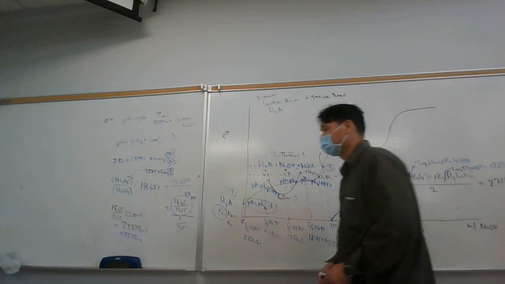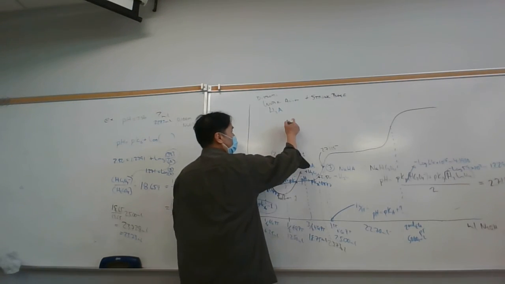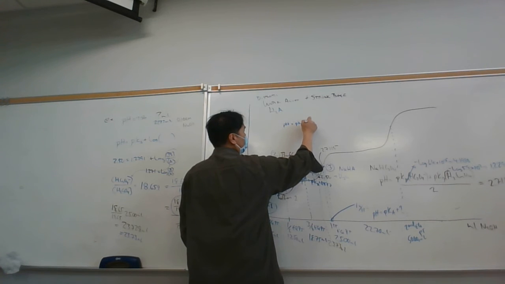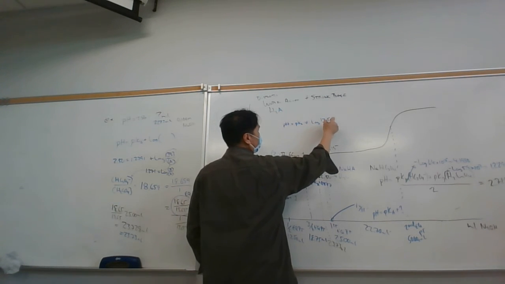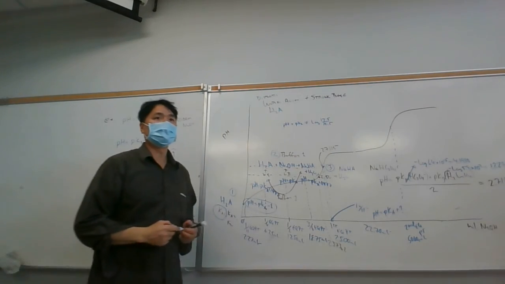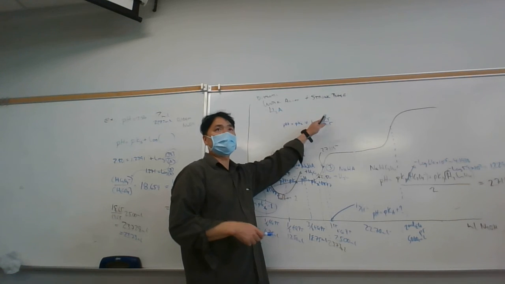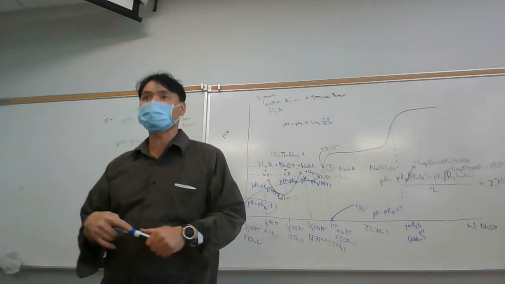what fraction? We'll step back here to the half equivalence point. At the half equivalence point, pH is equal to pKa plus the log of 12.5 to 12.5. So if I have 12.5 parts of base and 12.5 parts of acid, then I have equal amounts of base and acid.